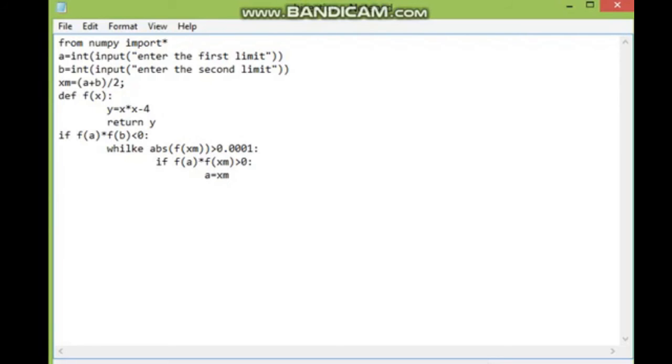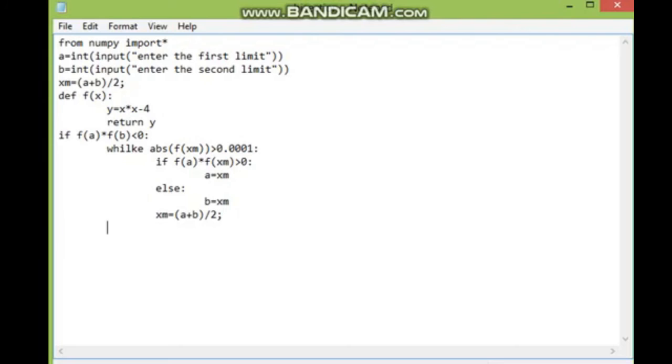And if it is not valid, then else I have to go for b equal to xm, and then we calculate this midpoint value again for the new a and b values. So it should be like this.